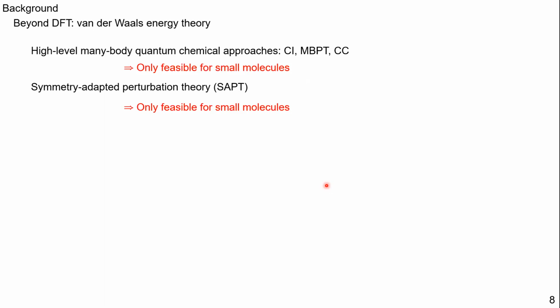Beyond DFT, there are many theories to improve the prediction of van der Waals interaction energies. For example, very high level wave function based methods such as configuration interaction or coupled cluster can predict the correct amount of correlation energies.